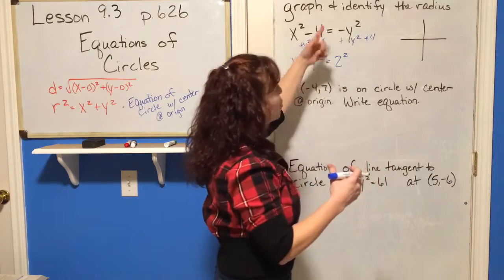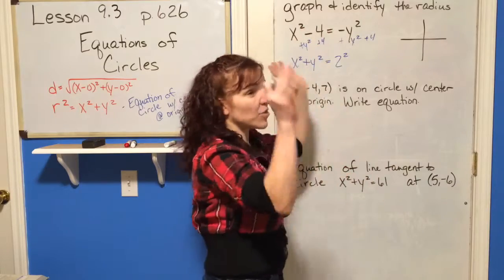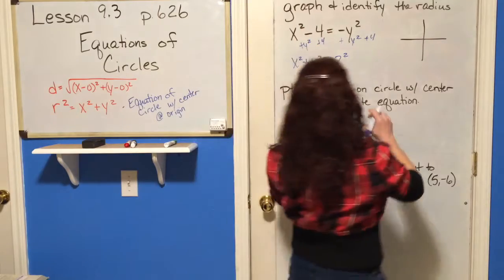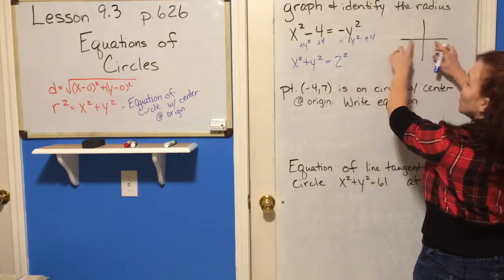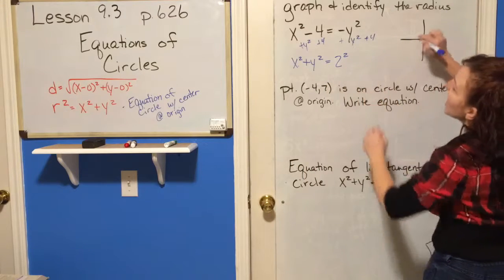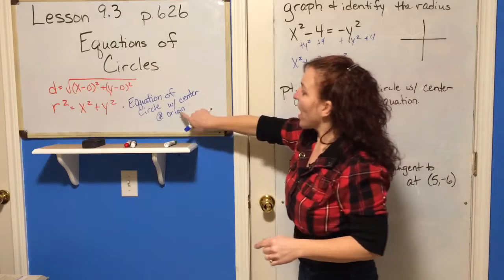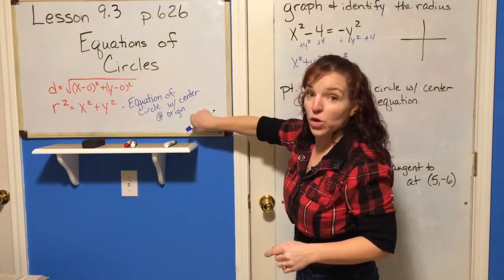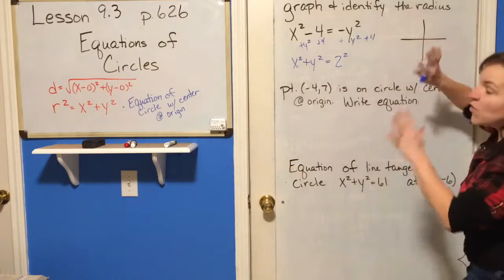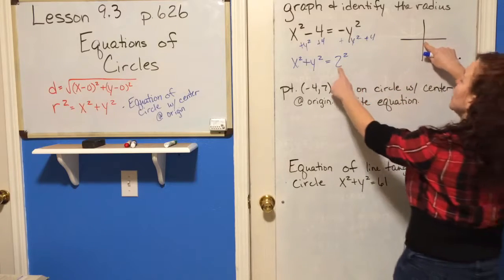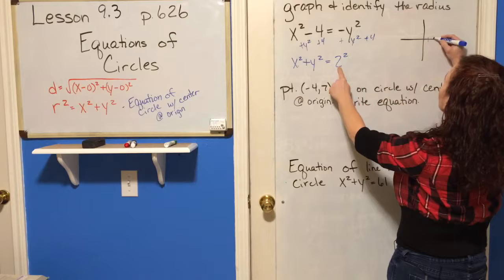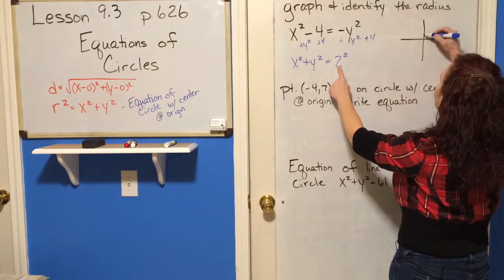So in order to graph this, you don't even have to put points in. All you do is this. If 2 is your radius, you're going to go along the x-axis. Now we've said that this is if the center is at the origin. So in all of the ones in this section, the center is at the origin. So you're going to start at the origin, and your radius is 2.